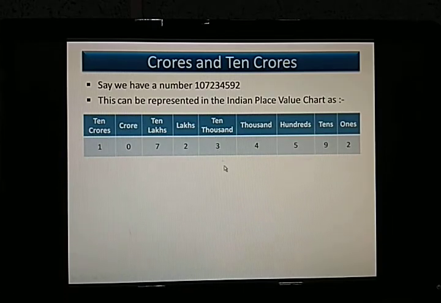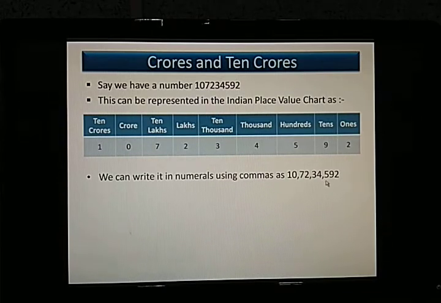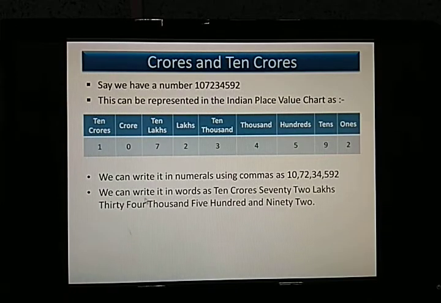Clear? And then similarly, we can use the commas. After 3, we'll place the comma, then rest will be after 2. And we all know what is this number? 10 crores, 72 lakhs, 34,592. This is a very simple topic, not much tough to understand.